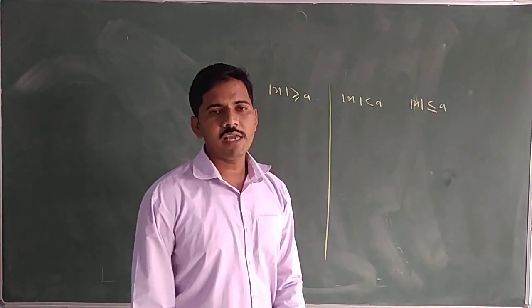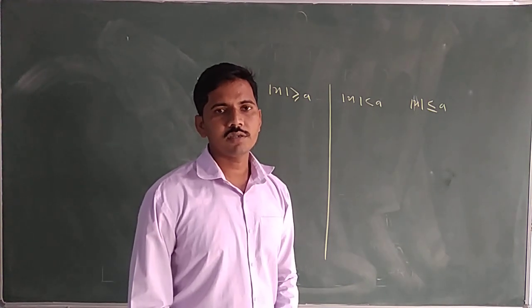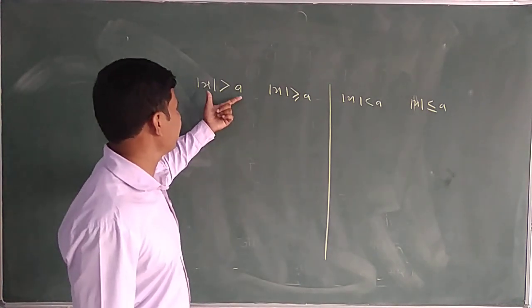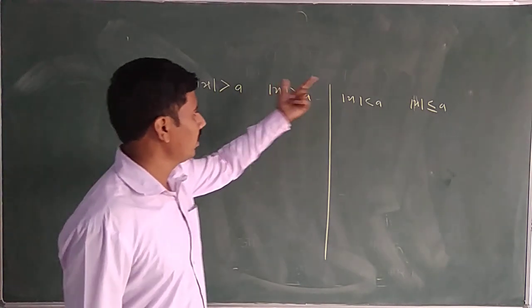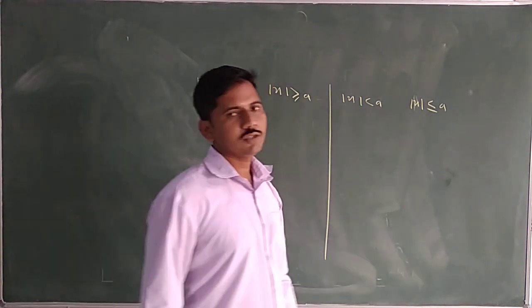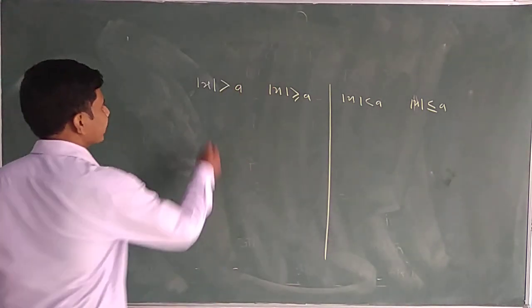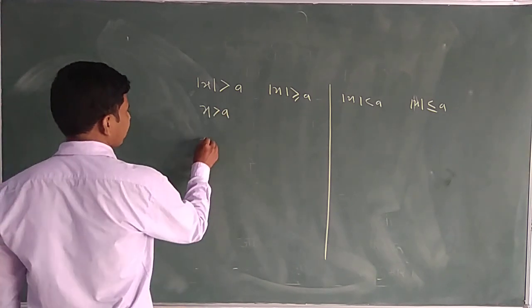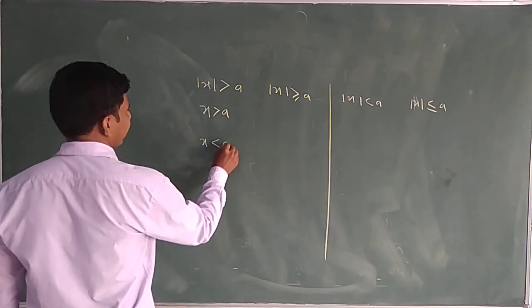Now I am going to tell you a shortcut to remember the solution of this part and this part. Write down x is greater than a, and write down its opposite symbol, x is less than a.